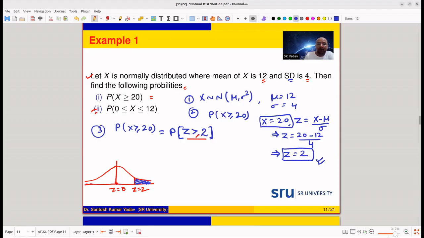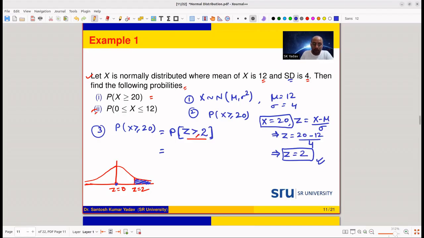Now recall the area property and check how you can find it. I just said the curve is symmetric about z equal to 0, the mean value, and the right side area is 0.5.